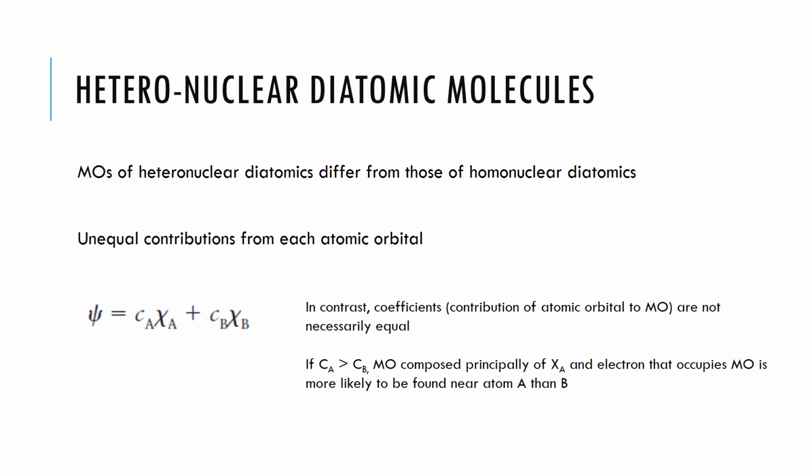So look here, these coefficients, that's Ca and Cb, which describe essentially how much overlap you get from each atomic orbital, are different.